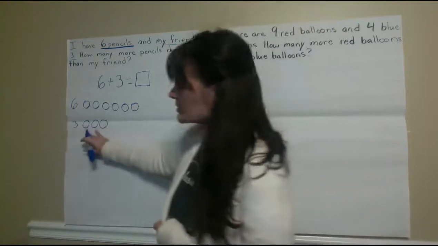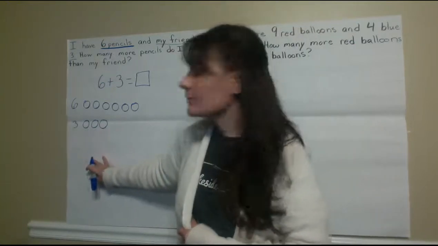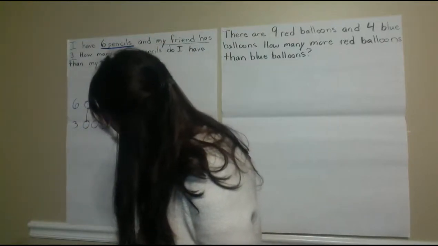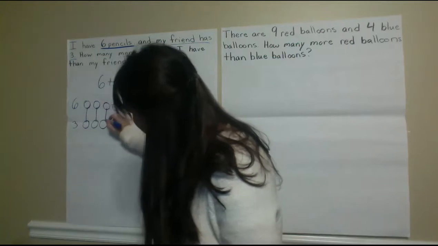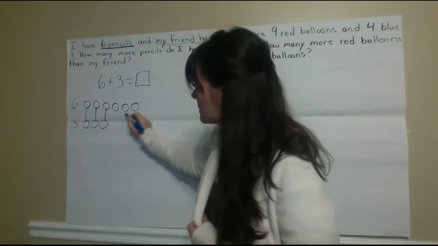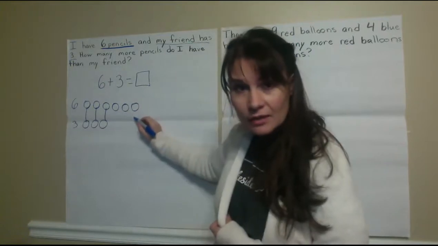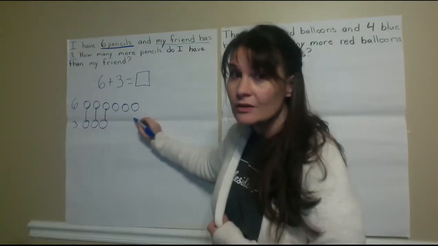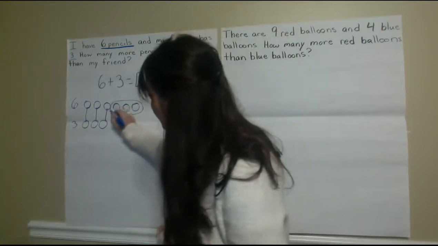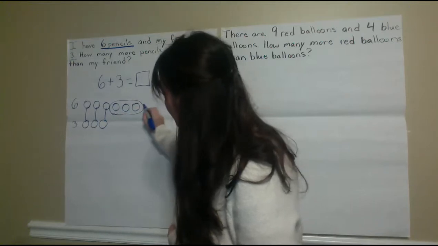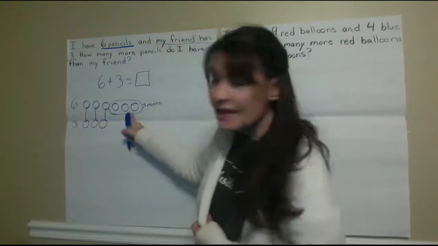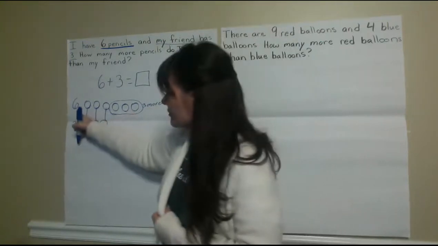Well, I can use what we call matching up. So I know that this connects, and this connects. Those matched. But wait, do these have anything to match? No. So that means that there are 3 more pencils that I have than my friend.